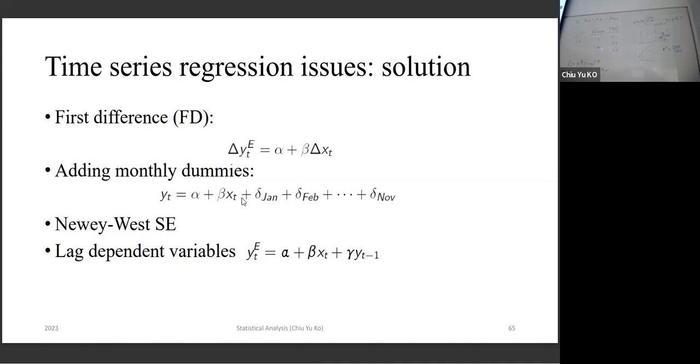If February, the February dummy is 1. You just run this regression. Basically, similar to the smoker idea, the dummy concept, right? If the data is recorded from January, this is 1, otherwise 0. So basically just a bunch of dummies. And if there's a trend, you go to first difference, as I said.